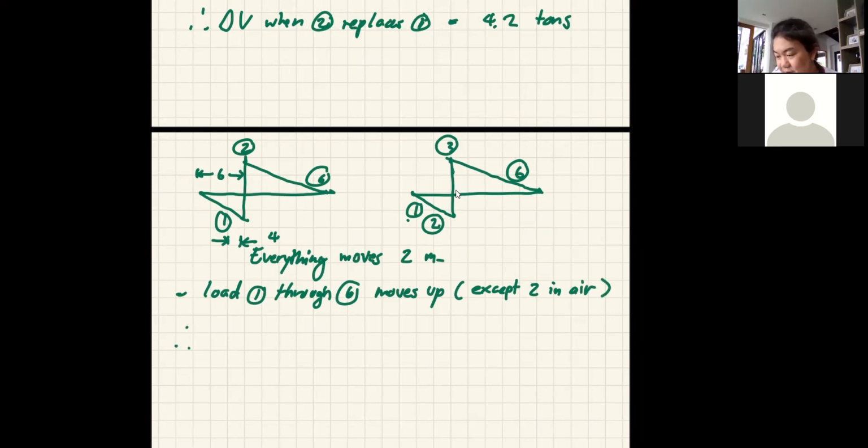So I can say delta V, when this happens, is that everyone moves up the slope, and let's say the load would be 2 plus 9 plus 9 plus 9 plus 9 plus, oops, sorry, fourth one is 2, right?